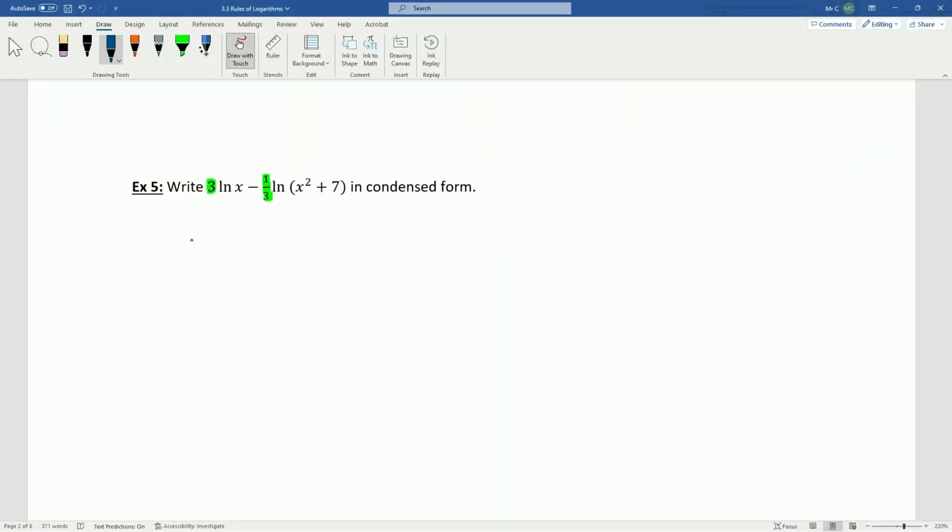So we've got to first take our 3 ln of x minus 1/3 ln of x squared plus 7, apply our power property. That gives us ln of x cubed minus ln of x squared plus 7 to the 1/3.